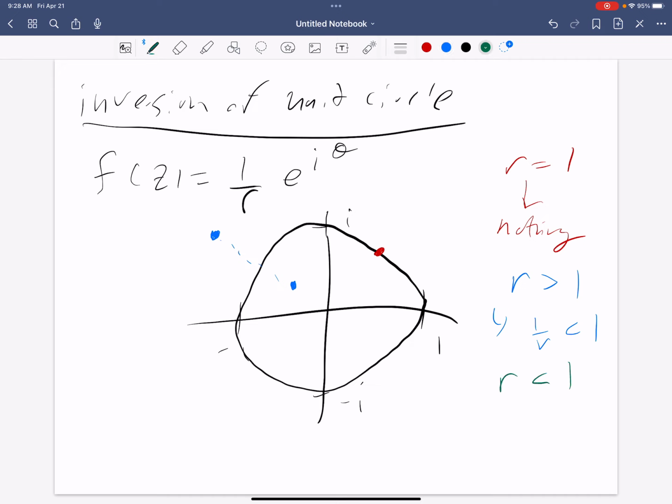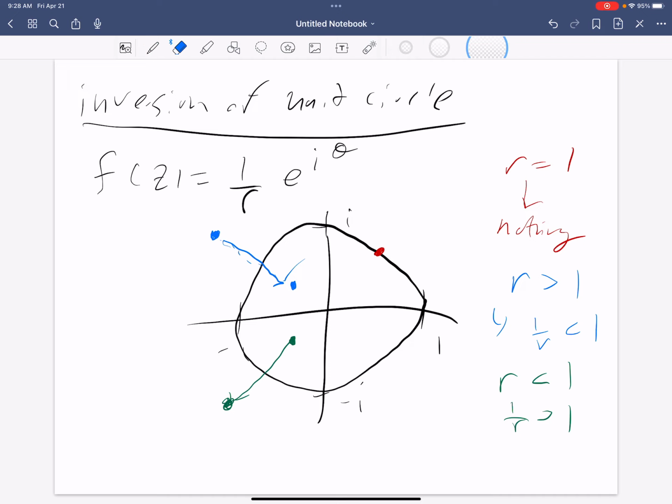And if r is less than 1, then 1 over r is bigger than 1. So if you're inside the circle, let's say down over here, 1 over r is bigger than r, so you're in the same direction, but now you've been pushed outside of the circle. Hence the name inversion of the unit circle. Everything outside the unit circle gets pushed into the unit circle, everything inside the unit circle gets pushed out, and everything on the boundary just chills. Cool.